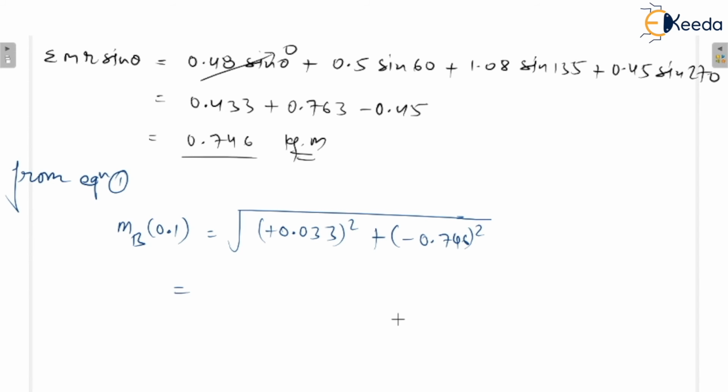When you calculate this, it comes out to be 0.746. So from here you can get the value of balancing mass.